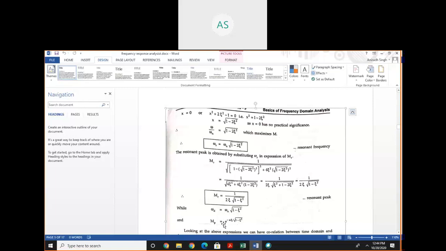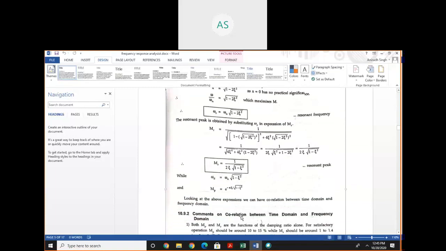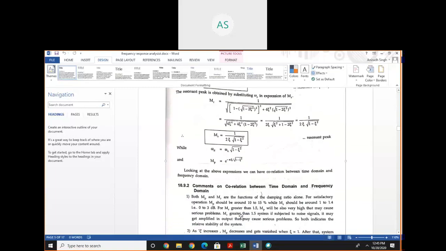And the value of Mp is given by exponential of minus pi zeta divided by under root 1 minus zeta square. Similarly, the value of omega d is equal to omega n under root 1 minus zeta square.